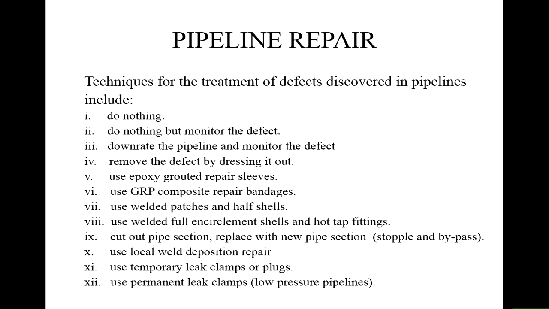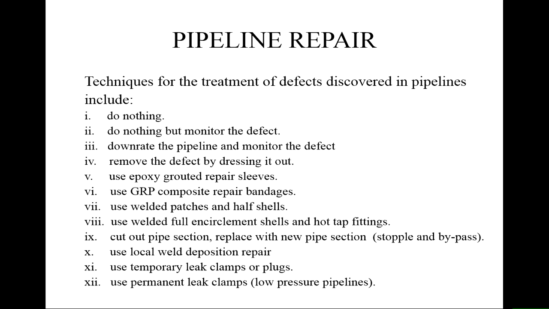The second option is we don't do anything in terms of going on the site and performing repairs, but we continuously or regularly monitor the defects. Monitor the defects to see if in time, for instance every week or month, a defect that is present somewhere has propagated under the conditions in which the pipe operates.